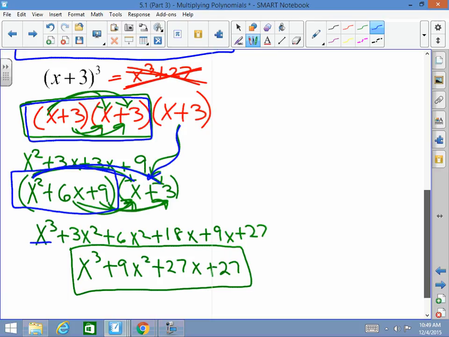X squared times 3, which is 3x squared. Then 6x times x, which is 6x squared. 6x times 3, which is 18x. Then 9 times x, which is 9x. And then 9 times 3, which is 27. Thank you for your honesty, son. Appreciate that. Takes guts to be honest.